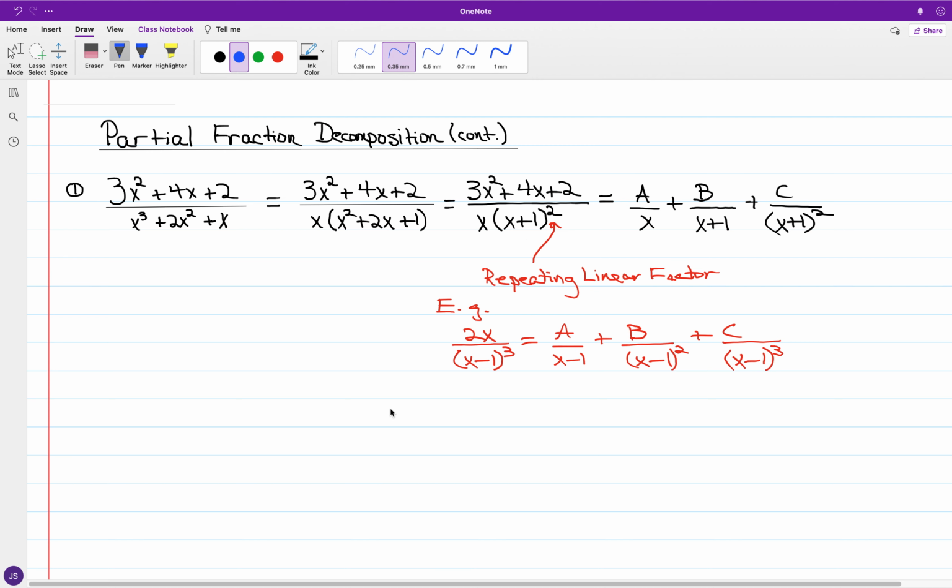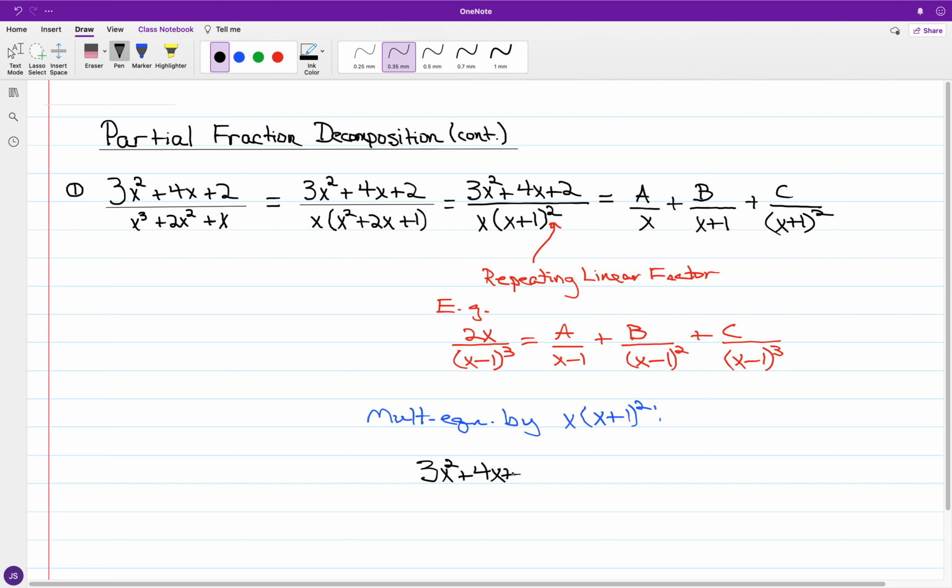So that's what it is all about with repeating linear factors, and that is with the square of x plus 1. Now, if I multiply the equation by the least common denominator, which in this case is x times the square of x plus 1, we have 3x squared plus 4x plus 2 all over x times the square of x plus 1, multiplied by both x and the square of x plus 1.